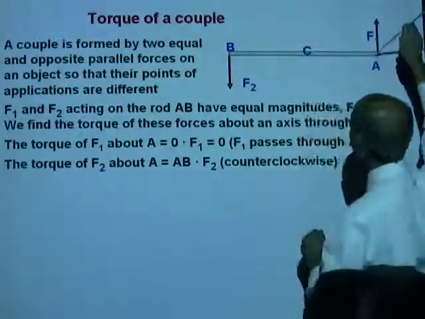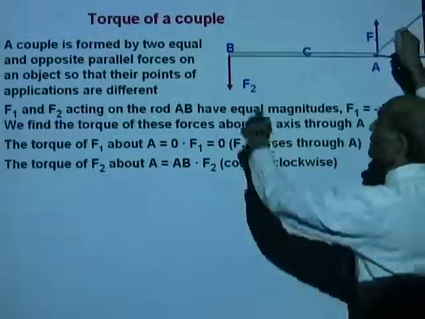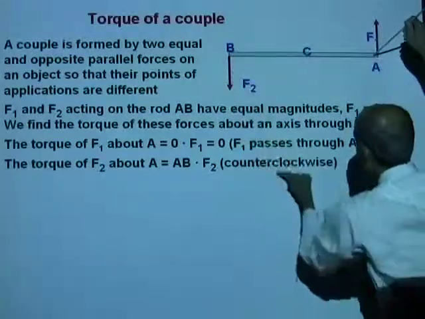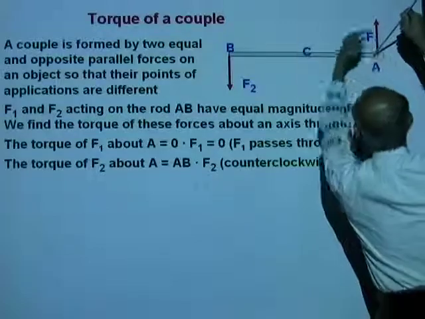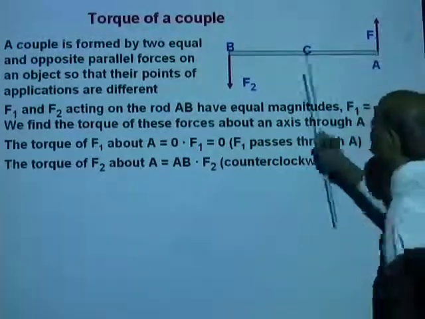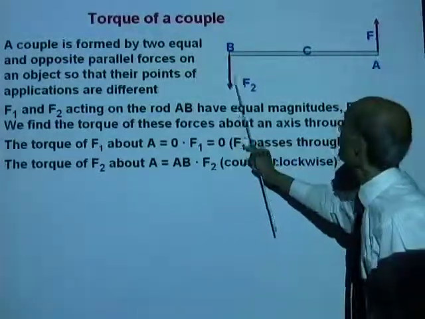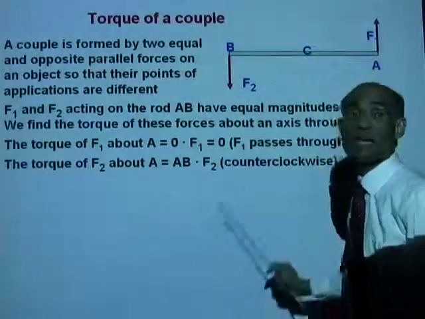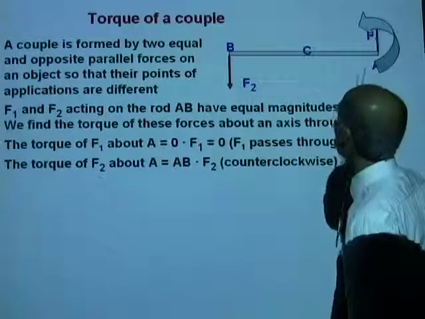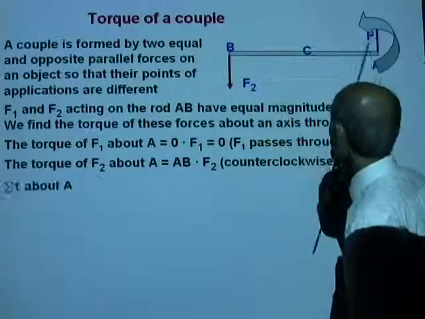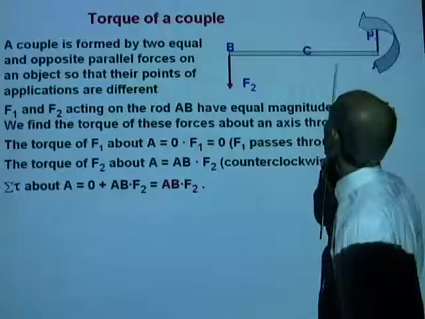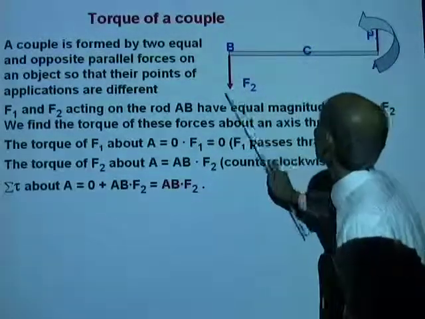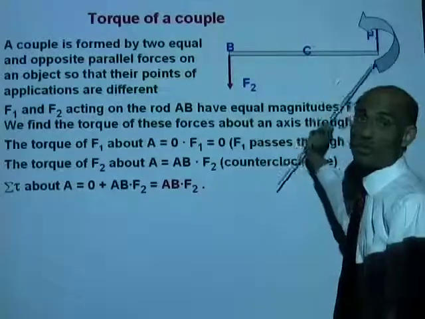This is the axis of rotation where my pointer is, and see how my finger moves? F2 will rotate counterclockwise. So the torque produced by F2 about an axis that passes through A is a counterclockwise torque.